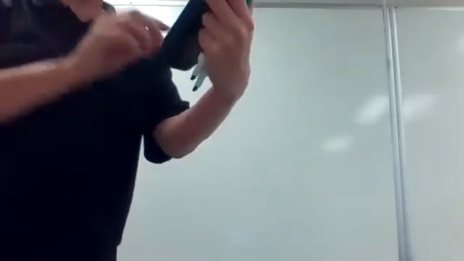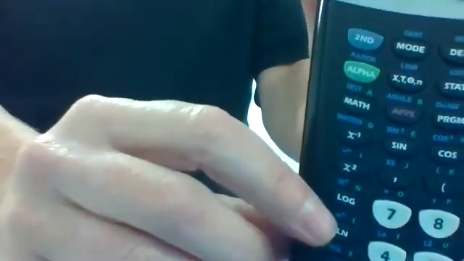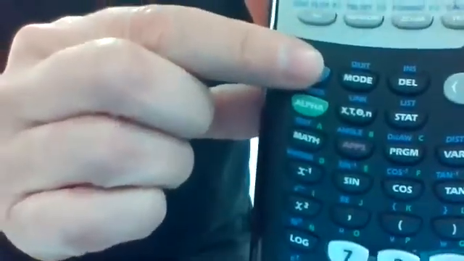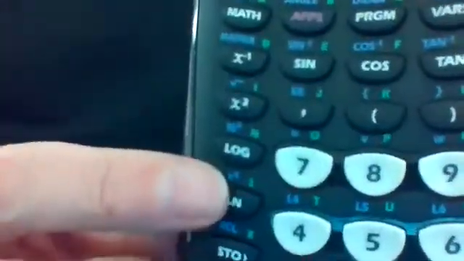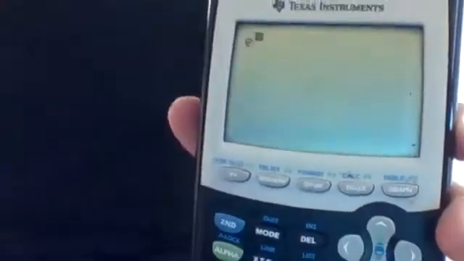Okay, the E button, if you look on your calculator, it's the LN button that's right next to the 4, but it's the blue one, right? Which means to get to the E function, you're going to need to hit the second key and then hit the LN button. Then you'll notice it gives you the E and it automatically gives you that exponent.